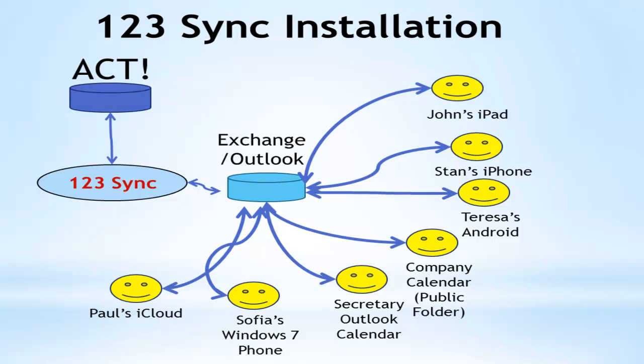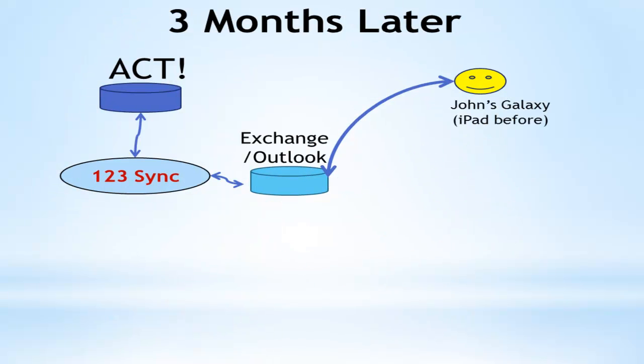Paul likes to access his data through the web, so he actually has his data on the iCloud. And this is how the world is as we see it. So you have a heterogeneous environment with all these devices all syncing with Exchange, and we just sync that data with ACT.